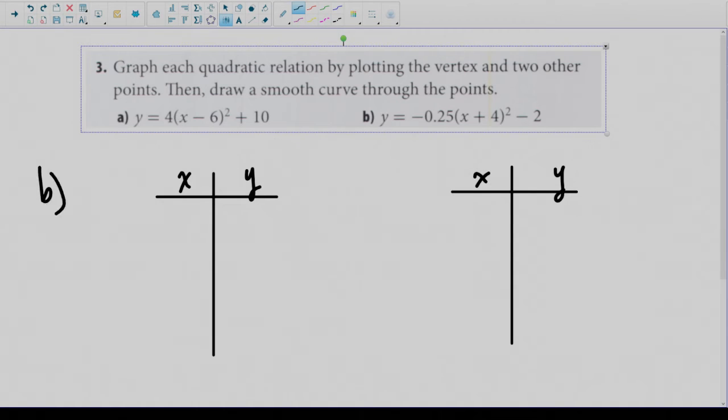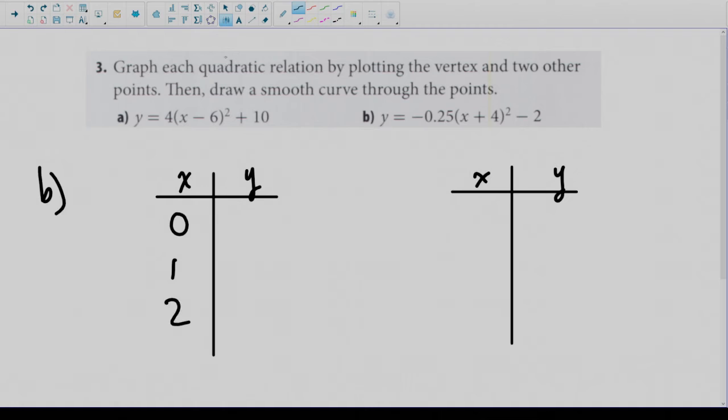I just want to show you another example with a decimal value for A. So 0, 1, 2. Oh, and I forgot to leave some room. And then 0, 1, 4.